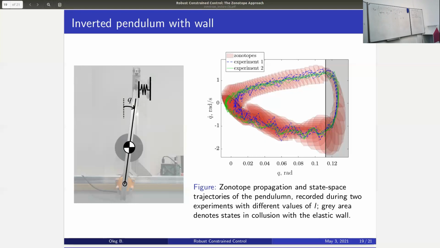I think it was 5 centimeters difference. Every point of this red cloud is a zonotope. Yes, red. It's our zonotopes after the optimization task.